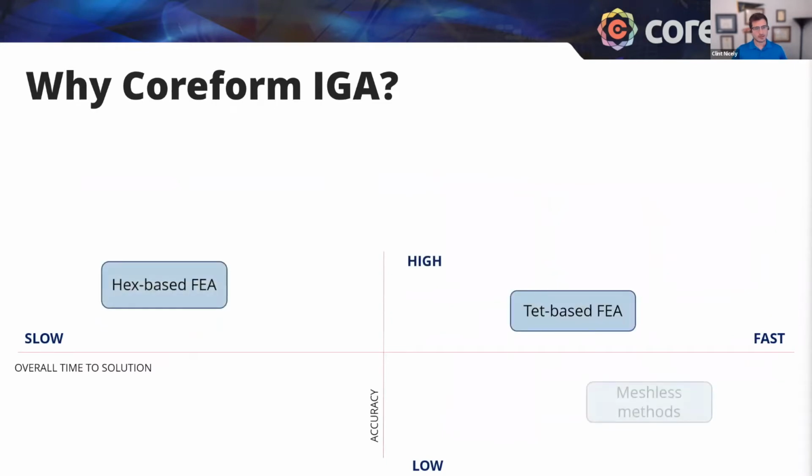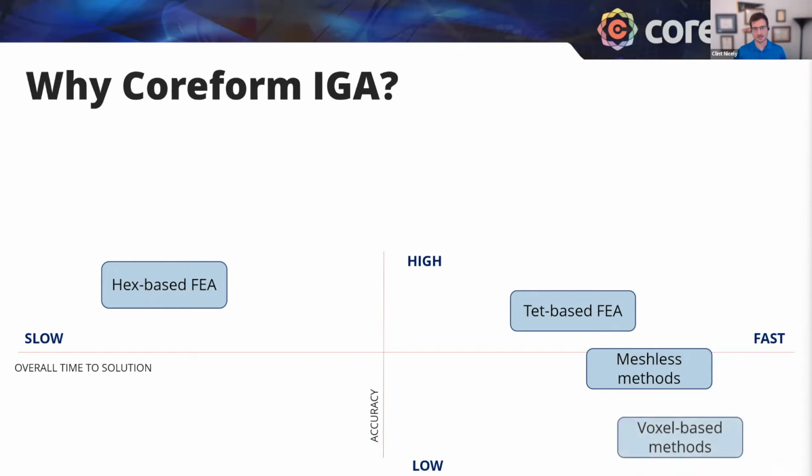Here is a little bit of where we stand today. Currently, there are hex-based FEA, tetrahedral-based FEA, meshless methods, and a newer one called voxel methods, each of which has its own category of accuracy and speed. Hex-based can be slow, but its accuracy is deemed by current FEA standards very high. Tet-based FEA is fast.